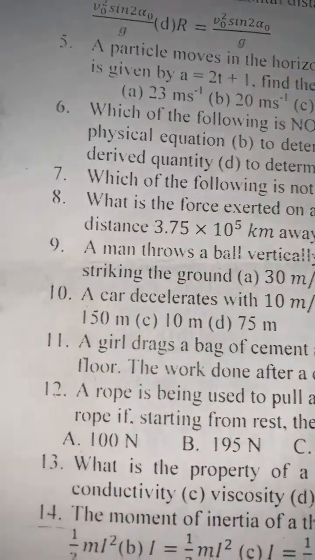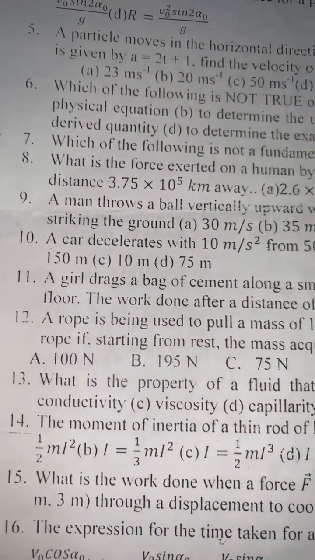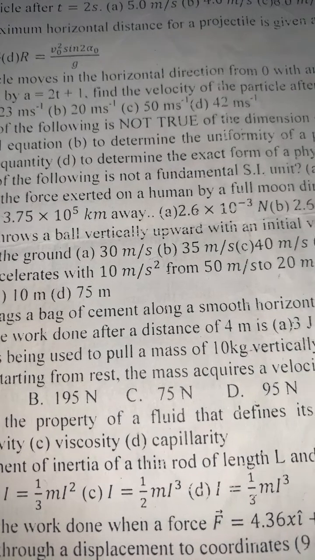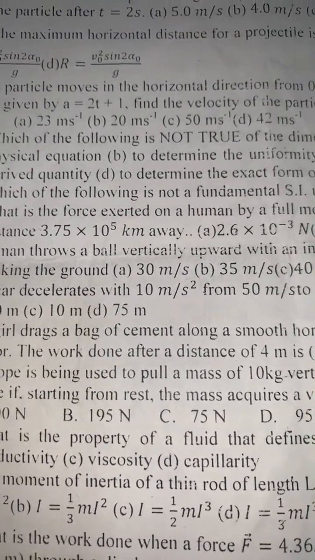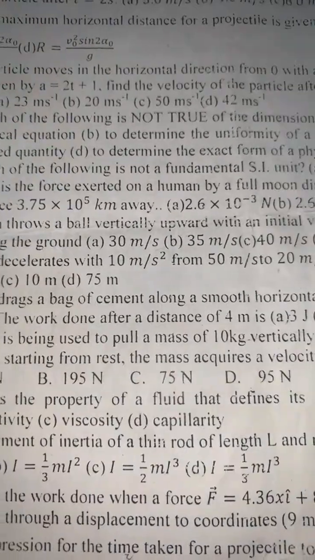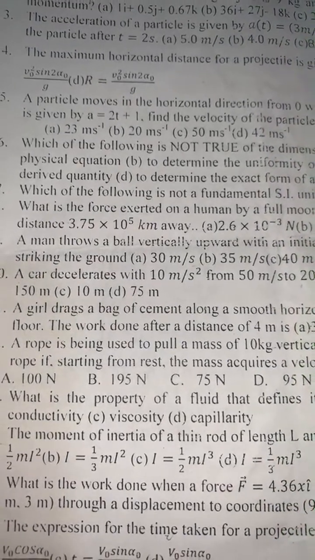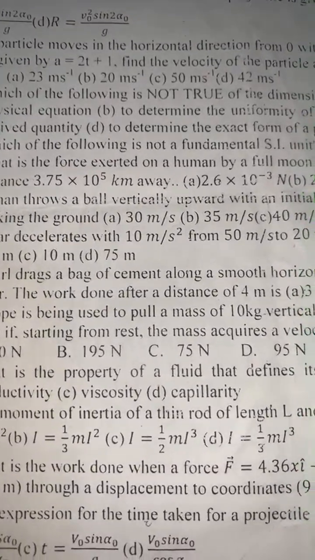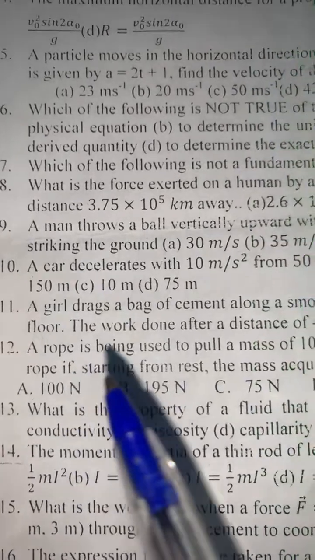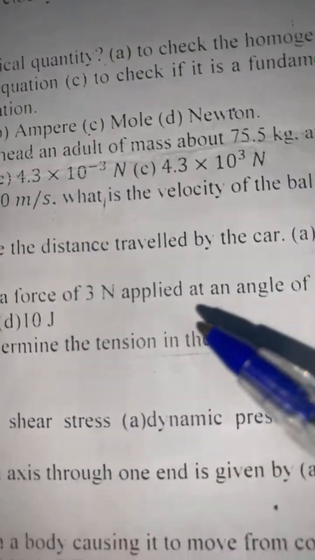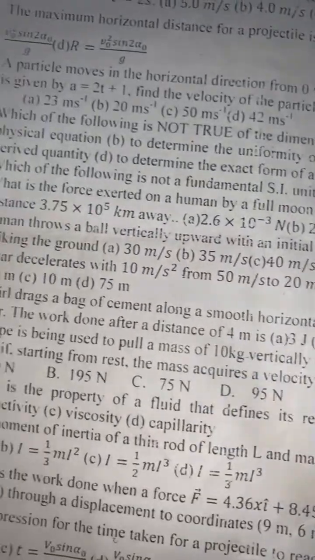Look at the question, it is question 11. They say a girl drags a bag of cement along a smooth horizontal floor with a force of 3 Newton applied at an angle of 60 degrees to the floor.